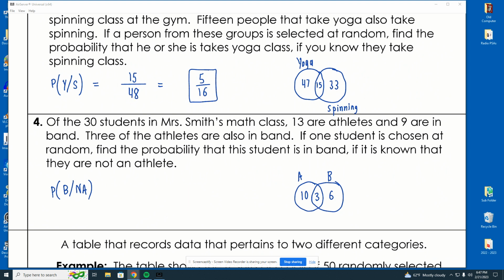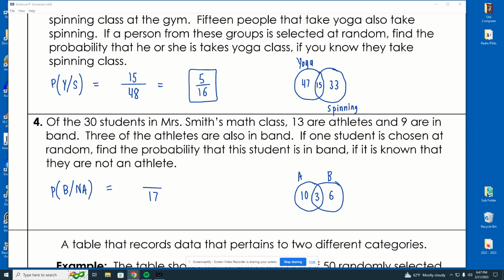So let's just take what it says. If there are 30 students in the class and 13 are athletes, how many are not athletes? 17. Okay? Again, even though I have certain categories drawn up here, 13 are athletes, there's 17 students that are not athletes based on the fact that there are 30 students in her class.